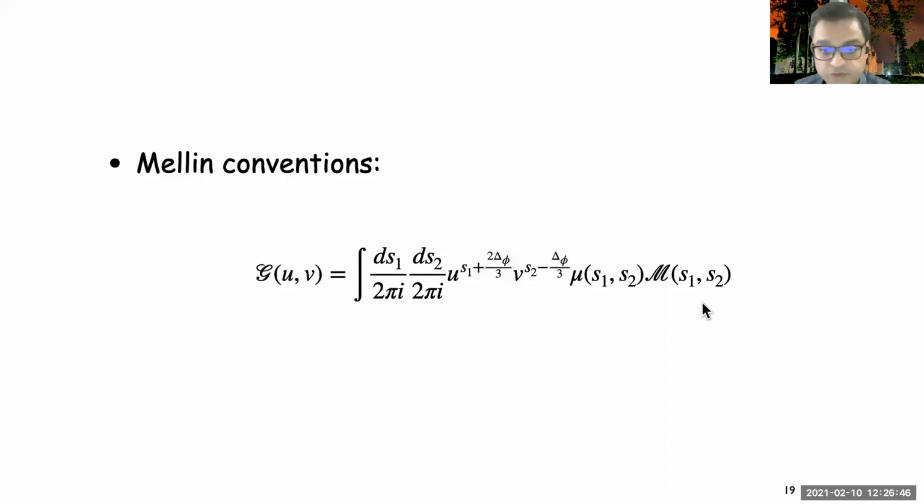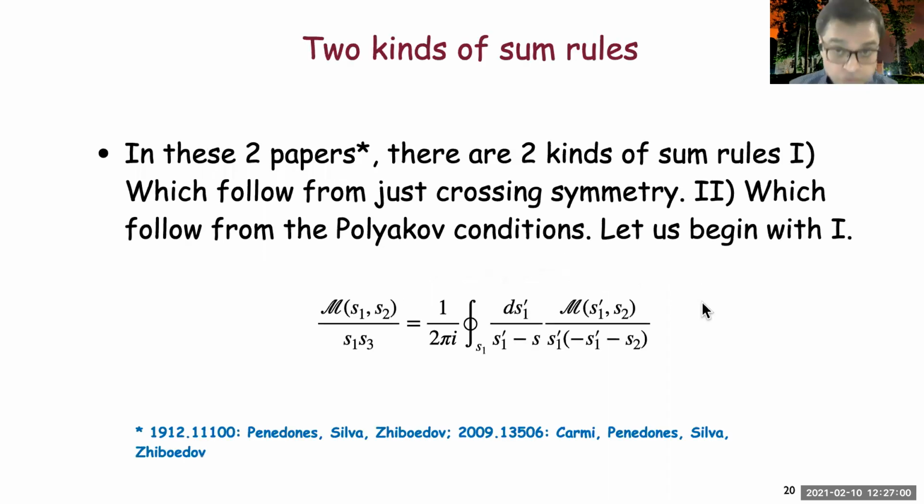And of course, I will not have anything to add to the story that Sasha and Joao developed. I will assume that there is such a representation. And so there are two kinds of sum rules that I will focus on. And there are versions in the literature, but the papers that I'm going to compare are these two.